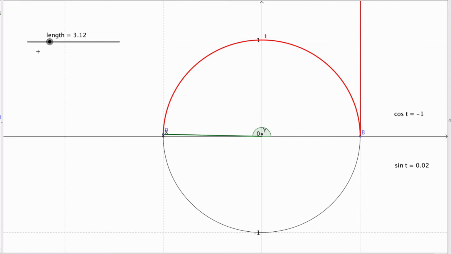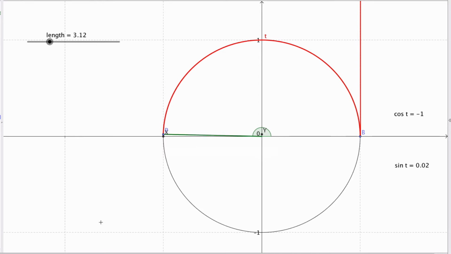What's its x coordinate here? Here's the origin, which is 0. The x-coordinate of this point when it's here is -1. So if t is pi, if our arc length, our length of the string was pi, then cos of pi is -1.